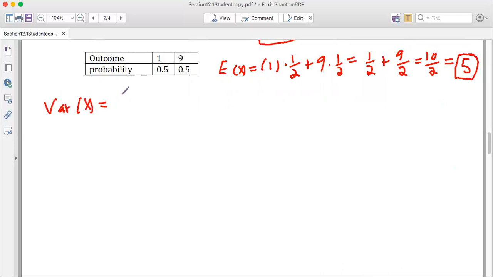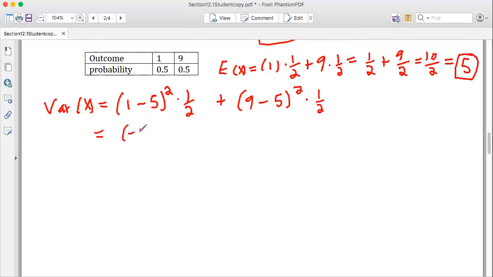I take outcome 1, subtract away expected value 5, square that difference, and then multiply by probability 1/2. Add to this, now I'm going to take outcome 9, subtract away expected value 5, square that difference, and multiply by 1/2. If I go through the arithmetic here, 1 minus 5 gives me -4.